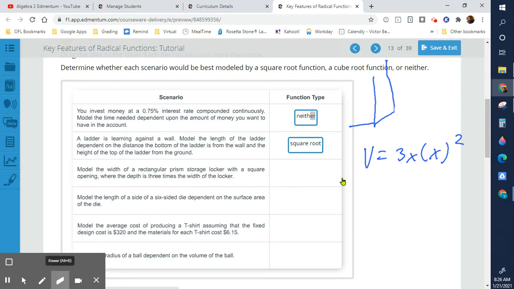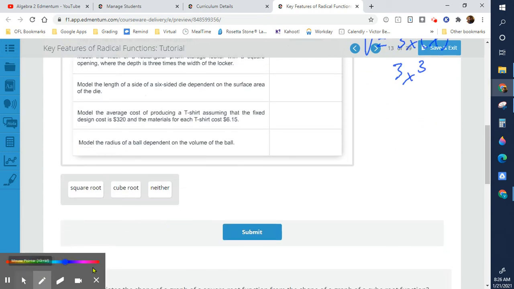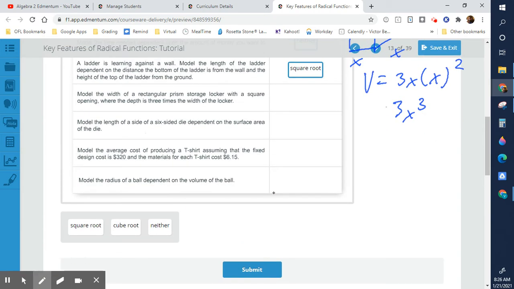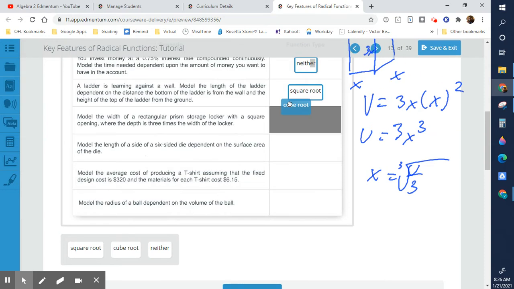What we're saying here is that this is the length, the widths are the same, but our height is 3 times as much. So if we do length times width times height, we get 3x cubed. So that's going to have to be a cube root because we want to solve for x. We get x equals the cubic root of v over 3. So we're going to put a little cubic root right there.